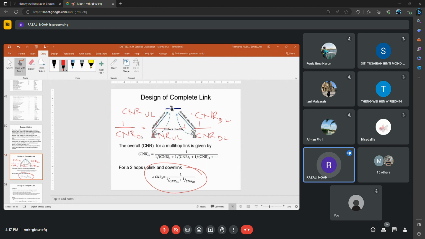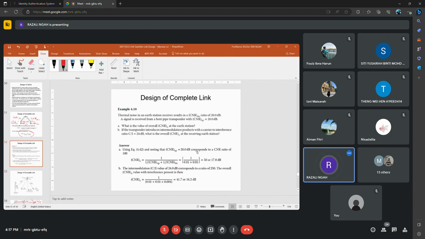But these two values are linear, the calculation is in linear. That means you have to convert. Let's say you are given uplink and downlink CNR and you want to know the overall CNR. You have to convert uplink and downlink CNR to linear. I think there is an example here.